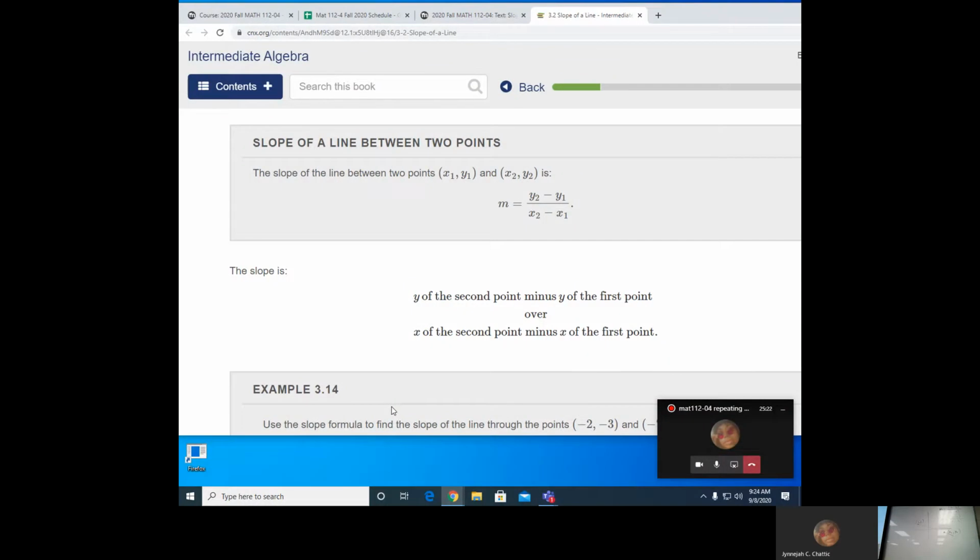And I like the form of a linear function. I like to see it this way. This is an easy way to visualize it. y equals m times x plus b, where m is the slope, b is the y-intercept, where it crosses the y-axis.